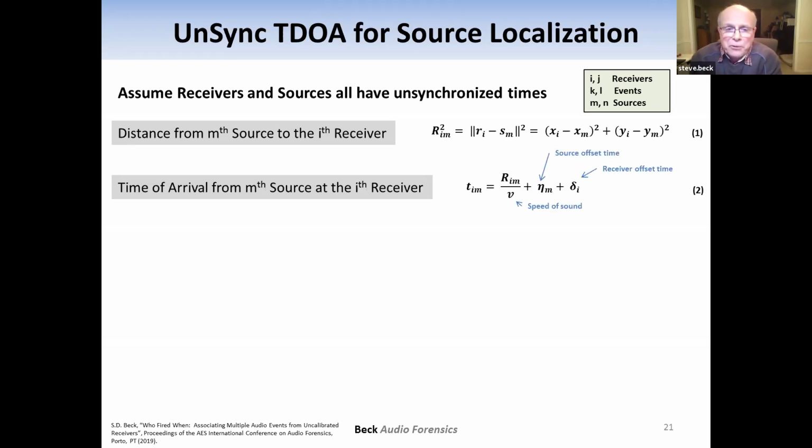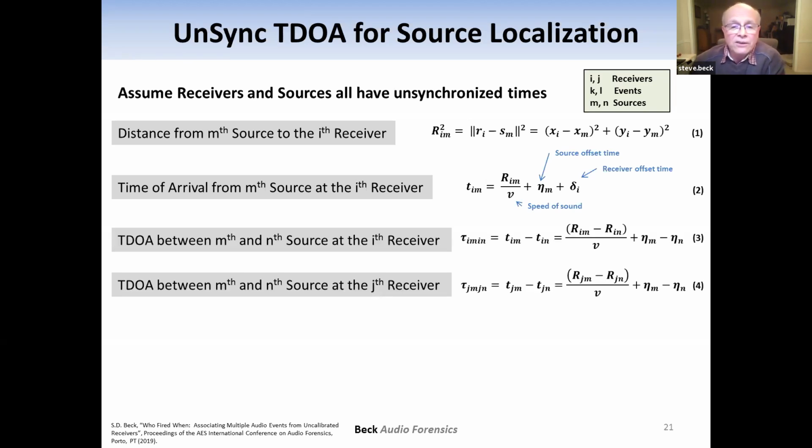And we come up with an expression for the time of arrival from one source to one receiver. And this particular expression here is really the basis of how I was able to solve this particular problem and come up with the proof. So you'll probably see that equation again.